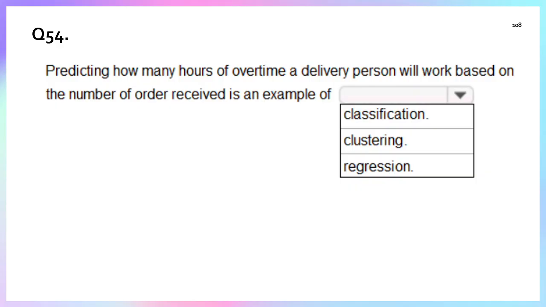For example, is it a banana or an apple? Is it visible or not? Is it a dog or a cat? But regression is where we get a numerical value. So here it's regression. So the correct answer is regression.